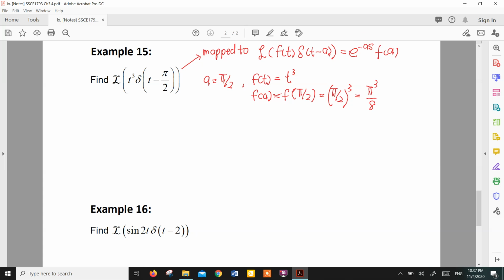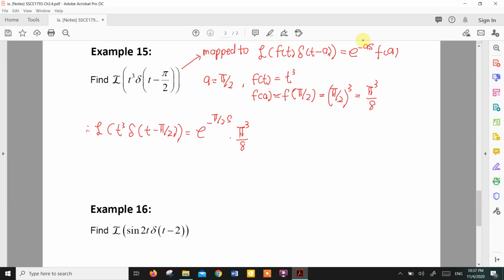Okay, so the Laplace transform of t cube delta(t minus pi over 2) is equals to e to the negative as f(a). So e to the negative pi over 2 s times f(a). f(a) is pi cubed over 8.